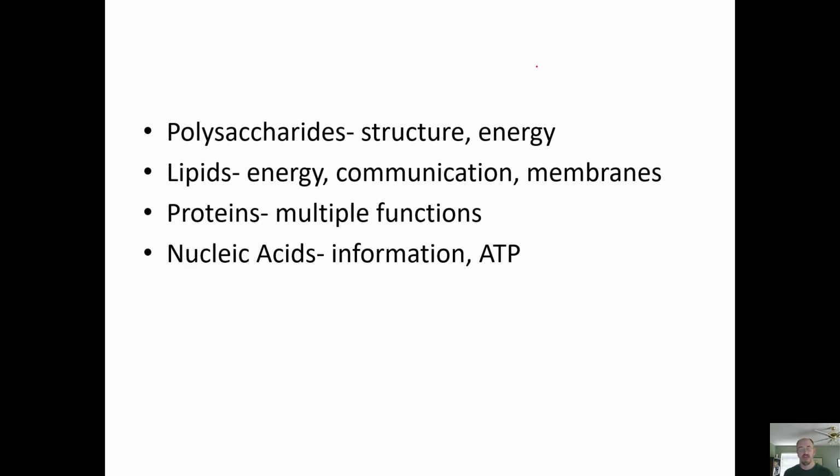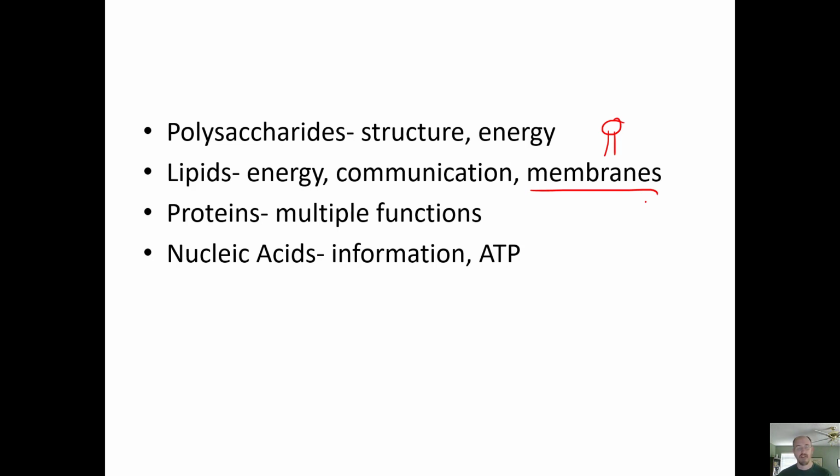So overall, what we've seen in this chapter are that sugars, monosaccharides and polysaccharides, are used for structure in the case of cellulose, as well as energy storage. We've seen lipids, which are used for energy storage, as well as communication. And if you've learned about membranes, they also make phospholipids. They are part of a membrane.